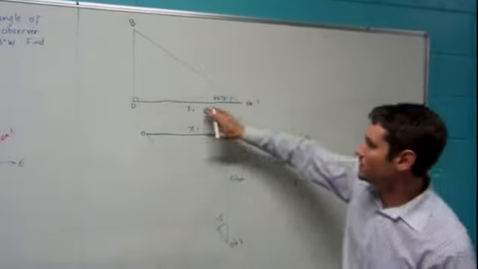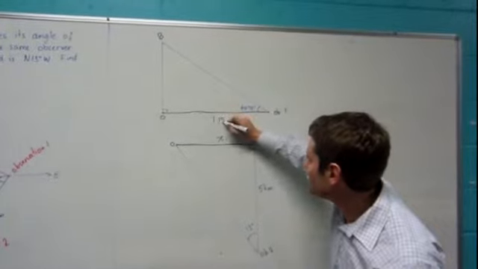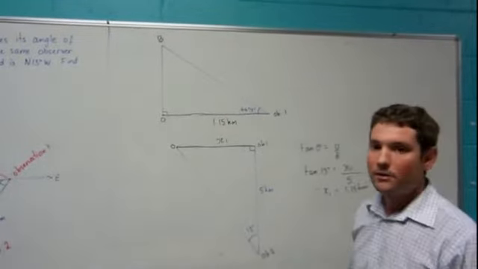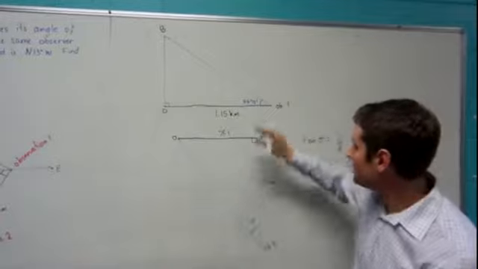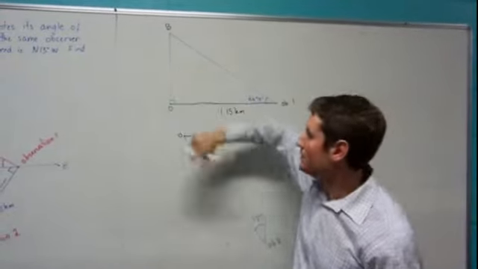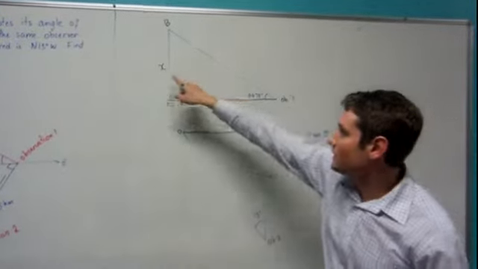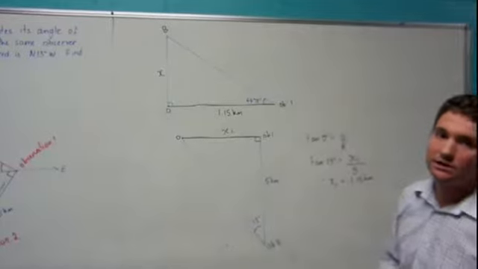Once we've got that value, we can place it back into this triangle here. Now, if you look at this, this is a right angle triangle. We have an angle, we have a line, we can find this distance here. We'll call this distance x. That means that we're trying to find the opposite, and we know the adjacent.